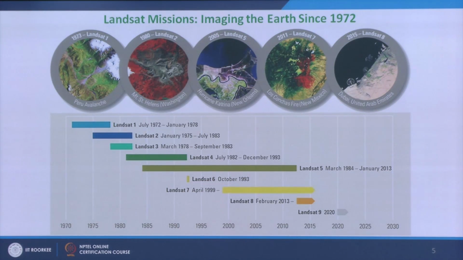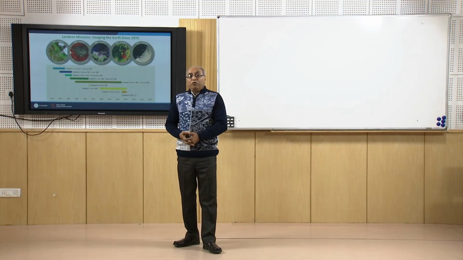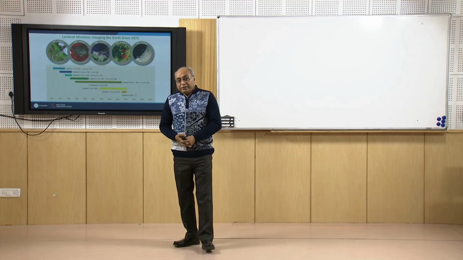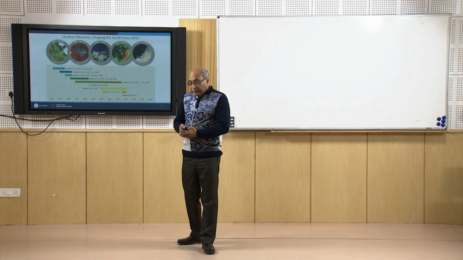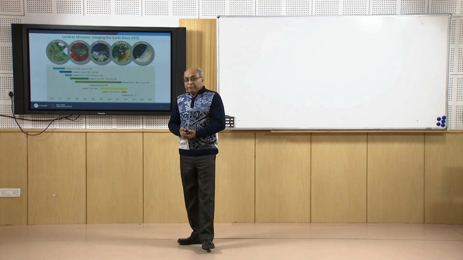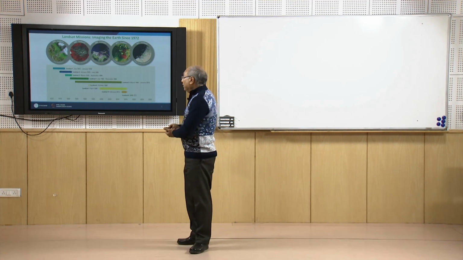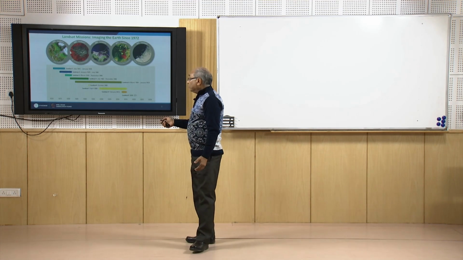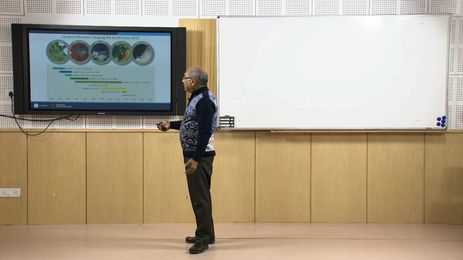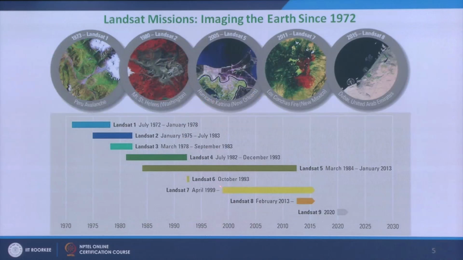As said in earlier lectures, the real beginning of civilian remote sensing started with Landsat, especially Landsat 1, which we earlier used to call ERTS-1, launched in July 1972, and since then we have had a continuous series of Landsats. Currently it is Landsat 8, also called the OLI series, launched in February 2013.